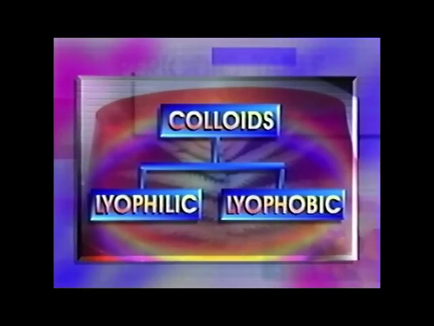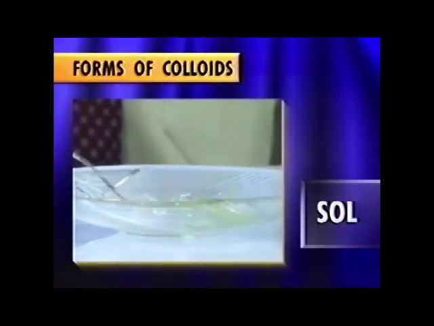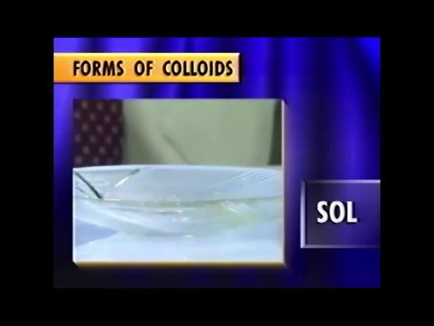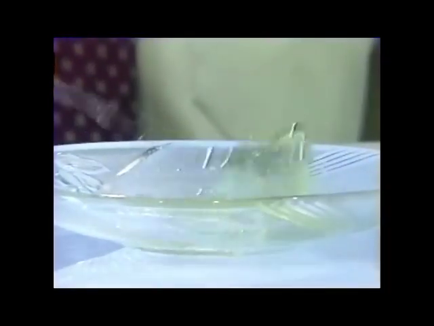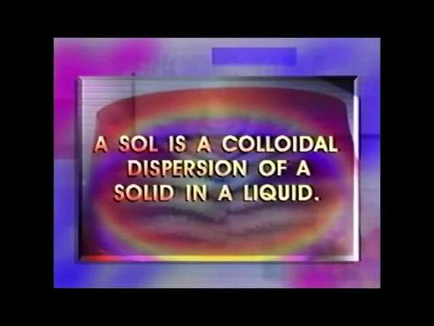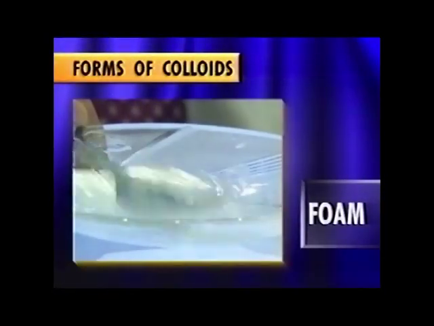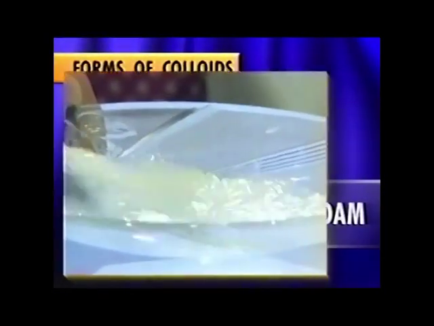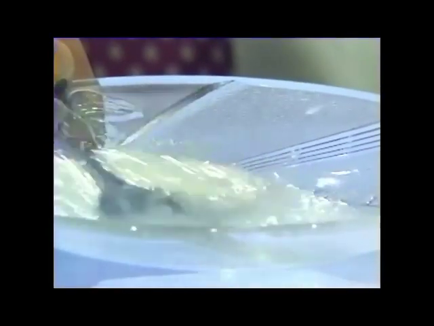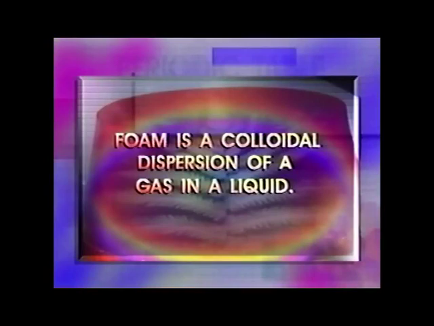What are the different forms of colloids? A sol is a colloidal dispersion of a solid in a liquid. Foam is a colloidal dispersion of a gas in a liquid.